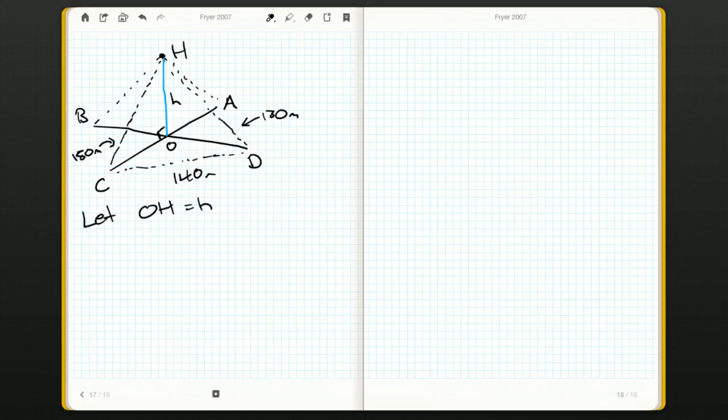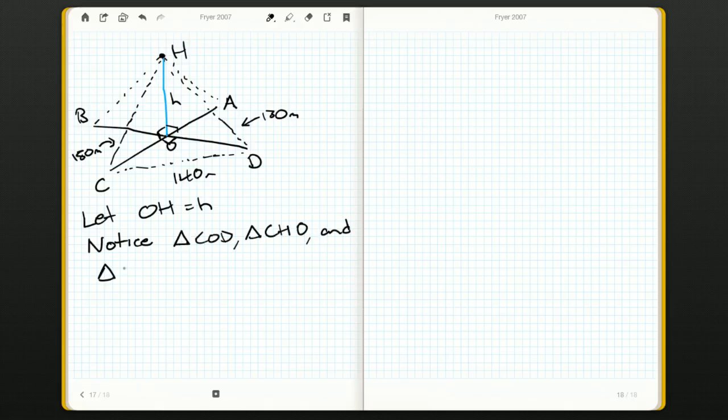Well, I notice in here I've got a lot of right angle triangles. I mean, I also have triangles for ADO and things like that.